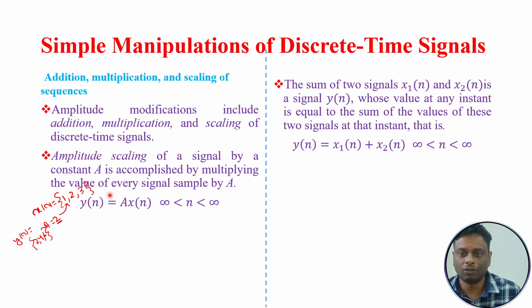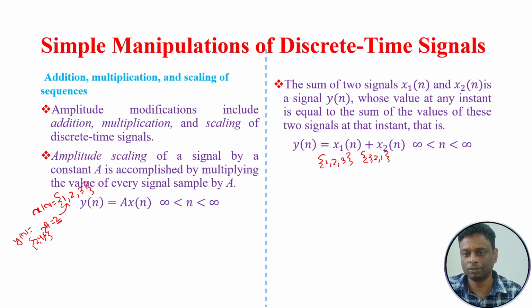Similarly, the sum of two signals x1 of n and x2 of n can be found by adding each sample at that instant of time. Suppose x1 of n equals 1, 2, 3, and x2 of n equals 3, 2, 1.